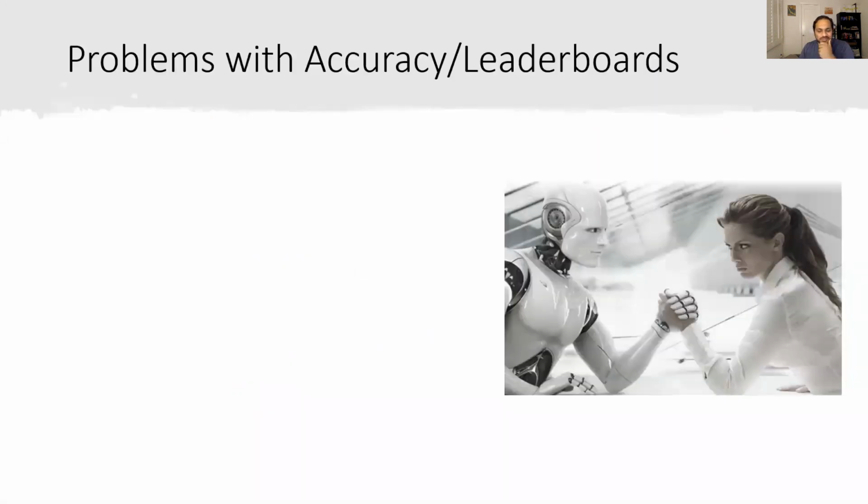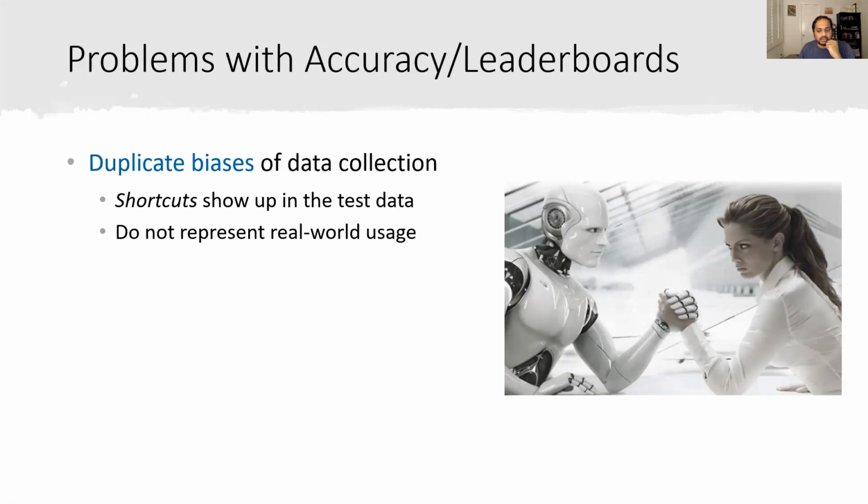We wouldn't be having this workshop today if it was. Part of it is because there are lots of known problems with using accuracy or leaderboards to evaluate models. The main issue that we are all familiar with is that leaderboards or accuracy duplicate the biases of data collection.